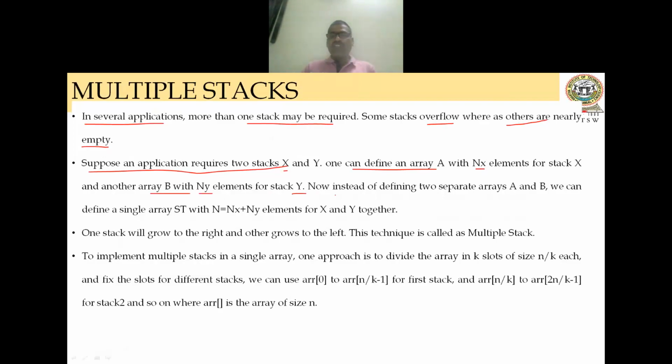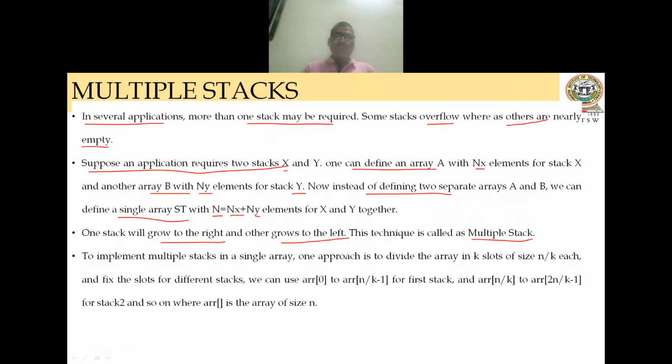Now instead of defining two separate arrays, A and B, with nx and ny elements, we can define a single array st with the total number of elements n equal to nx plus ny. Fine. So one stack will grow from the right end and the other stack will grow from the left end. This is called multiple stack implementation in a single array.